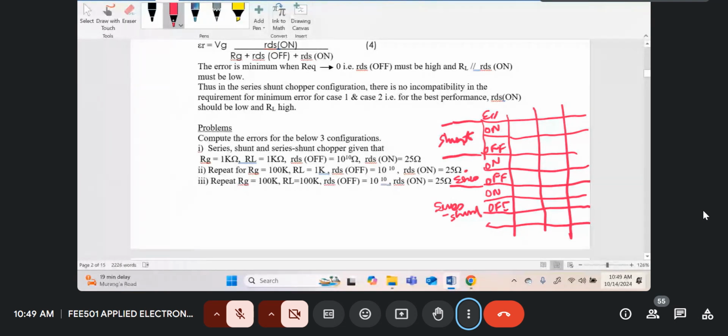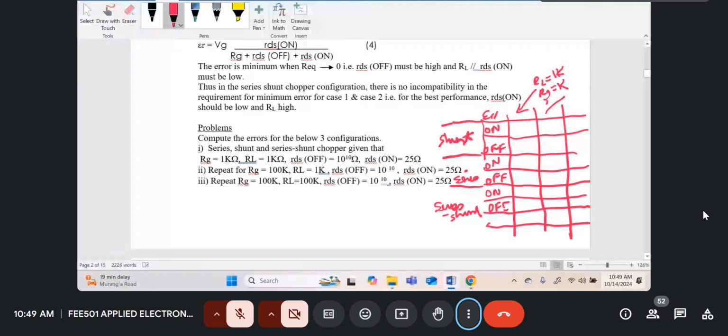And you can start with, so like the first column will be for RL is 1K and RG is 1K.